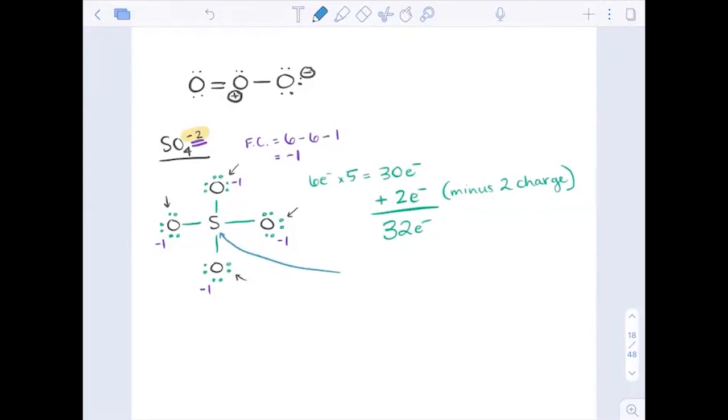Now for the sulfur, formal charge here, sulfur brought 6 to the table. It owns none in lone pairs, and it owns 4 in bonds. That's a +2. Yikes, yes, that adds up overall to -2. However, we know that this probably doesn't make a lot of sense because we like formal charges of 0.